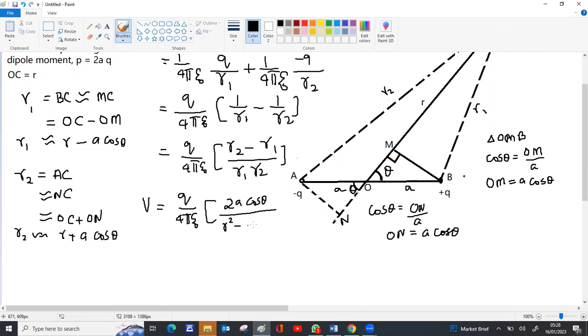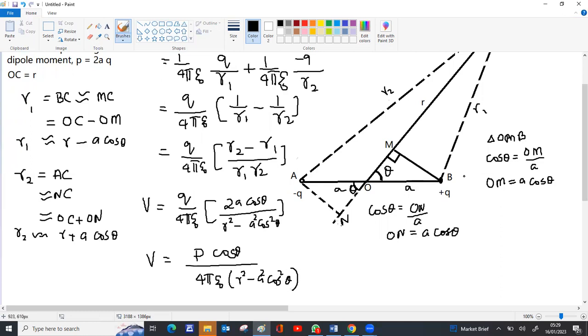So r square minus a square cos square theta. 2a into Q can be replaced as dipole moment. So we get V equal to p cos theta by 4 pi epsilon 0 into (r square minus a square cos square theta).